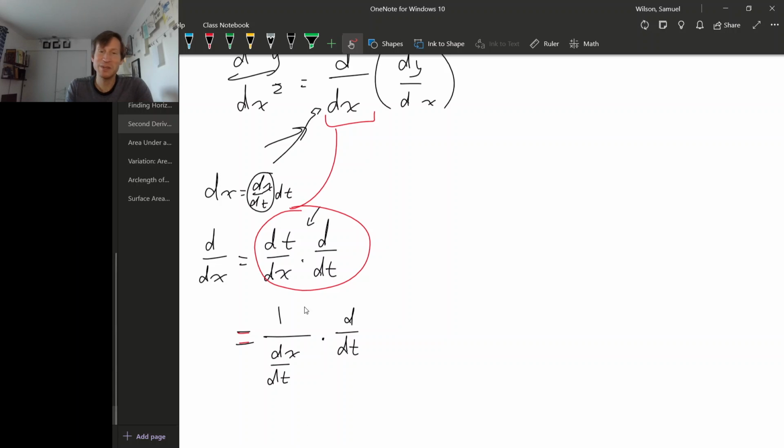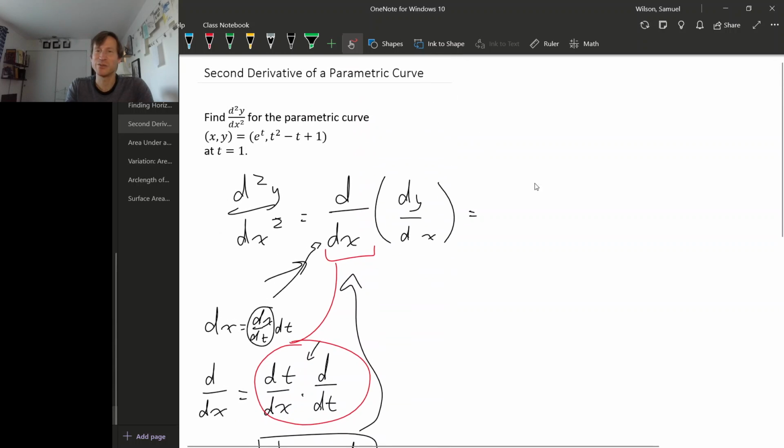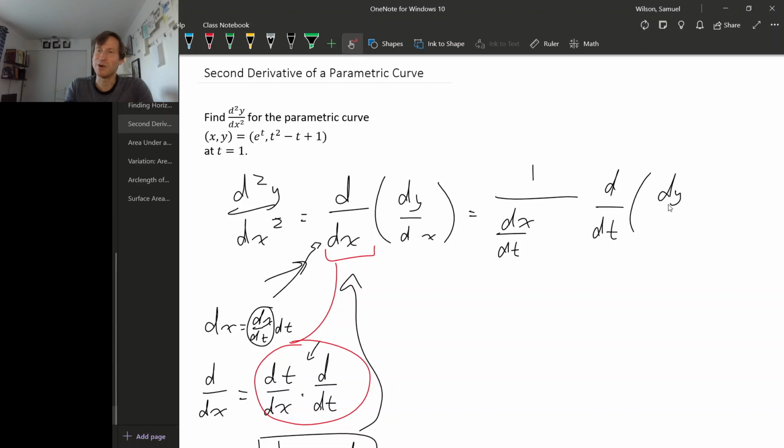Okay, so what we can do is take this expression and use it in place of d dx up here. So now what we have is 1 over the derivative of x with respect to t times the derivative with respect to t of dy dx.